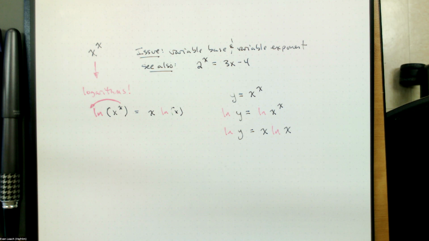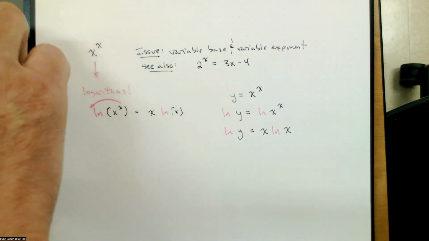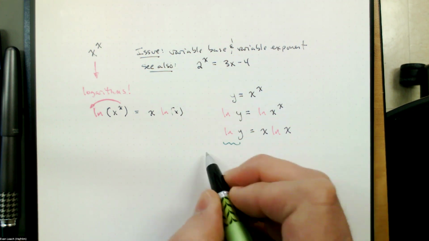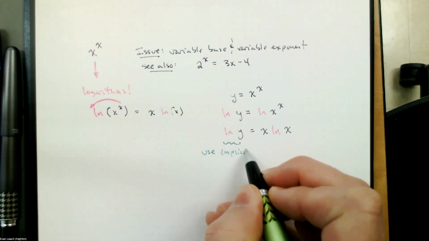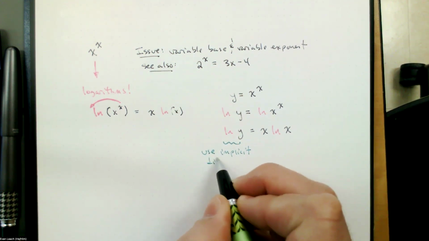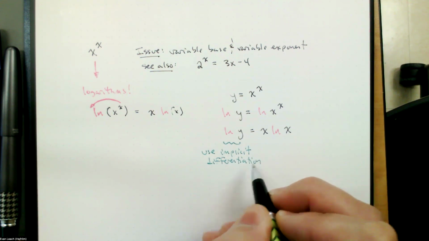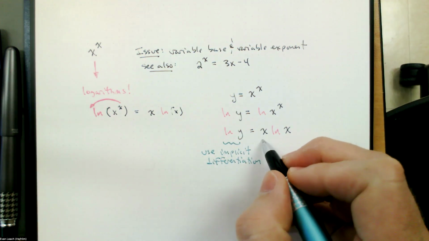So now there's no longer a variable exponent. On the left side, we can use our implicit differentiation, and then on the right side, we just use the product rule.